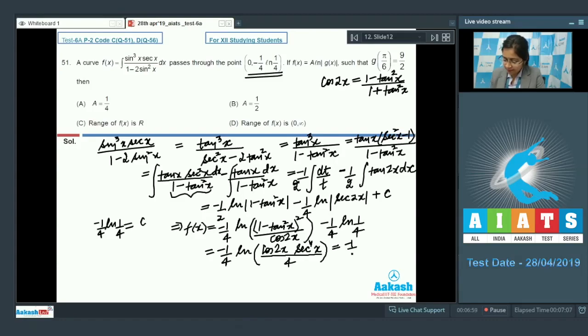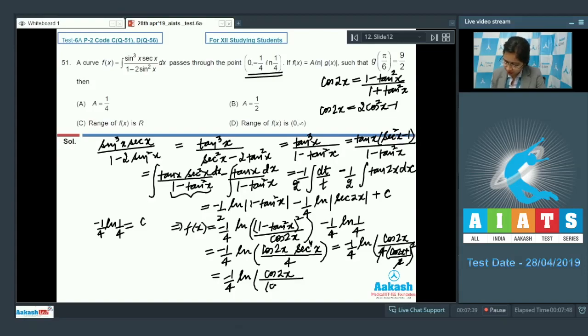So this is equal to minus 1 by 4 into ln of cos 2x upon 4 times. Now cos 2x is equal to 2 into cos square x minus 1. So we can here write cos x raised to the power 4 as cos 2x plus 1 upon 2 whole square. So these 4 will get cancelled. So this is equal to minus 1 by 4 into ln of cos 2x upon cos 2x plus 1 whole square.